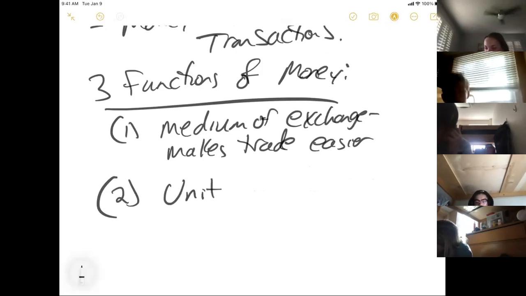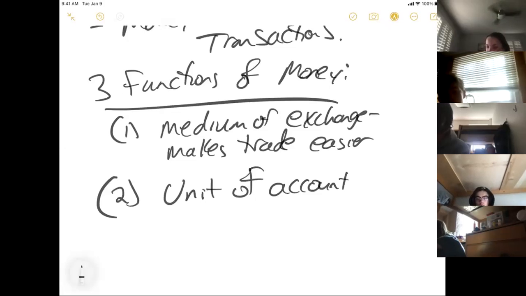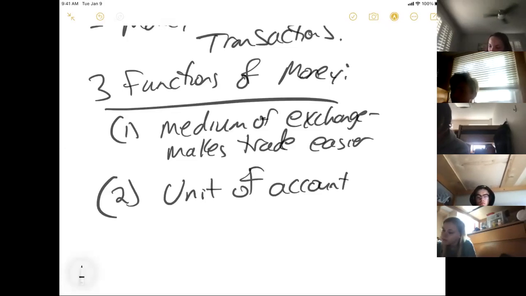But there's a couple of other very valuable functions of money. Money is also a unit of account. It's a way to measure value. Money is in its own way, shape, and form a language, right? So if I tell you that my car is worth 13 goats, what does that mean to you?